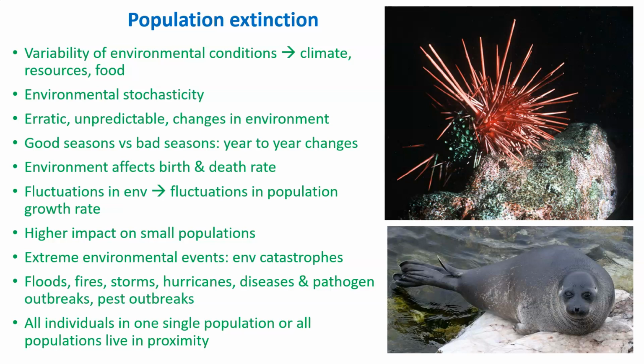In Caribbean islands, it was a bacterial infection that resulted in a mass mortality. Because of those mass mortalities, at least temporarily, three urchin species were extirpated from Southern California. Very similar situation in Caribbean islands.